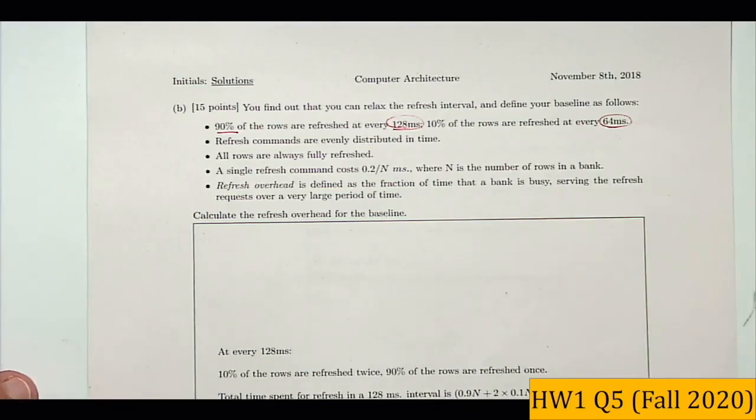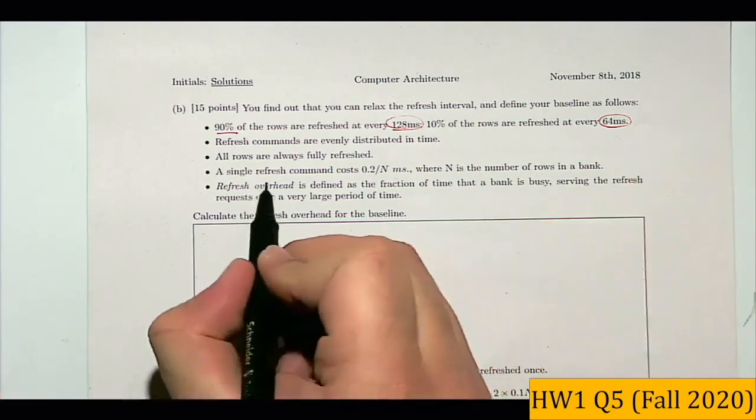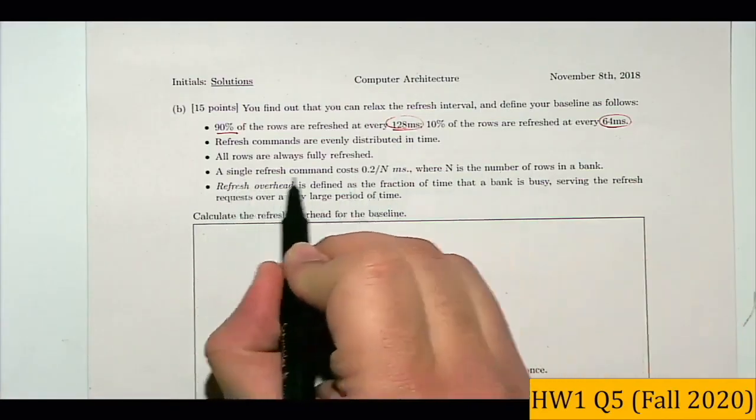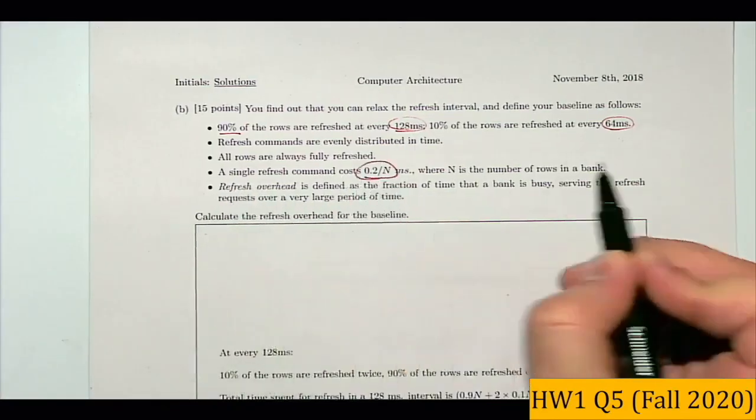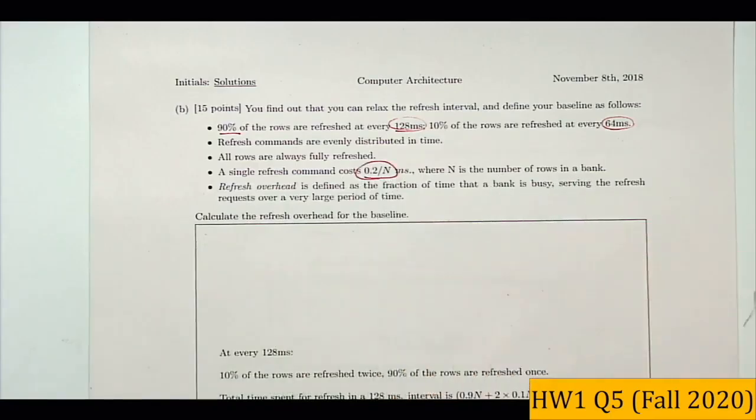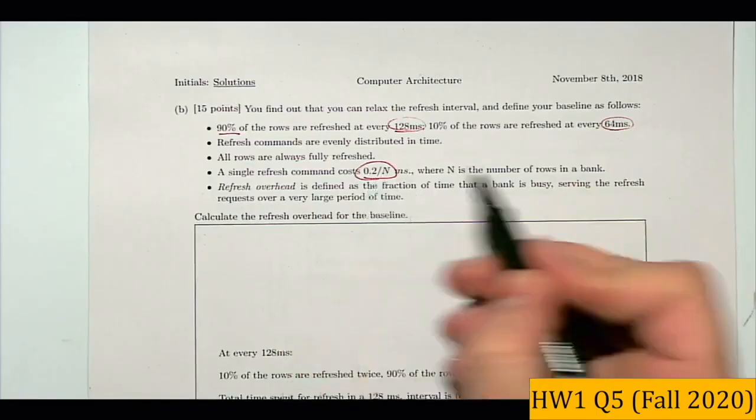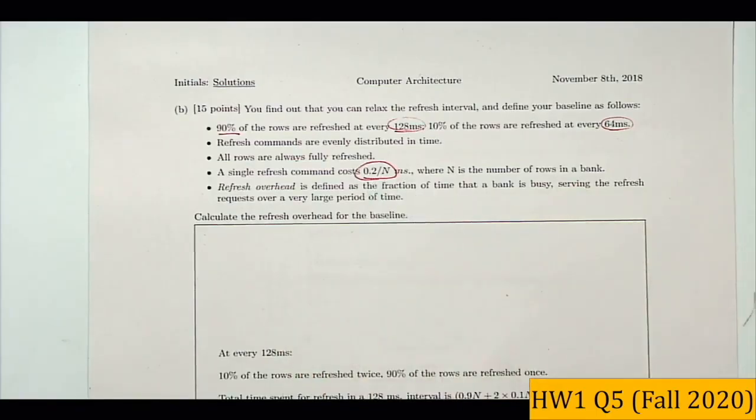Here we want to compute the refresh overhead of the baseline where we don't have any partial refreshes. Here I have the value for a single refresh command, where n is the number of rows in a bank. So refreshing the whole bank is going to take 0.2 milliseconds, right?